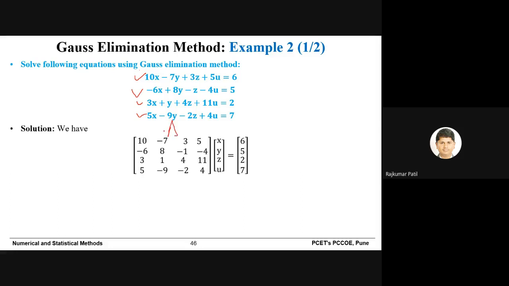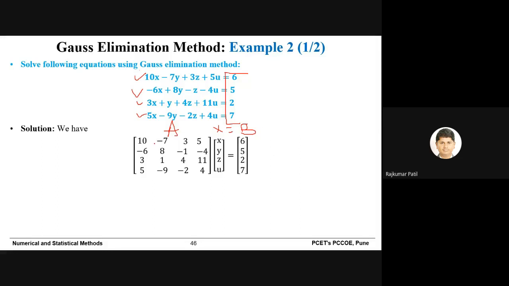So let's say this is matrix A that represents coefficients, which is called the coefficient matrix. Then let's say this is matrix X, which represents the unknown matrix, and the last matrix, that is B, the terms which are after the equal to sign, this is the matrix B.